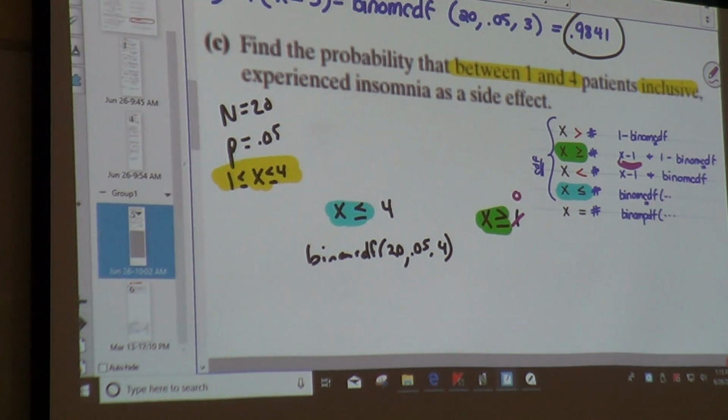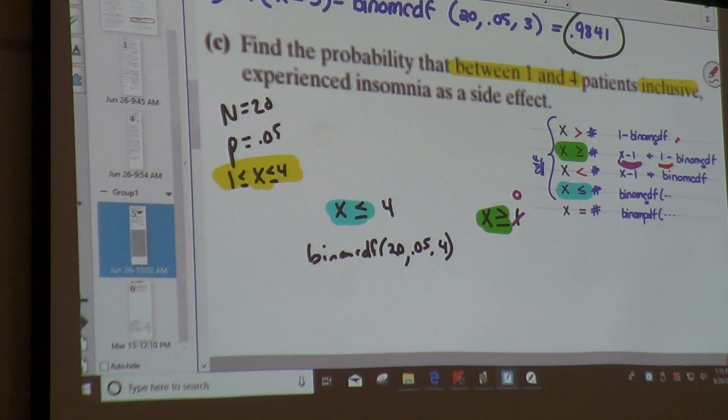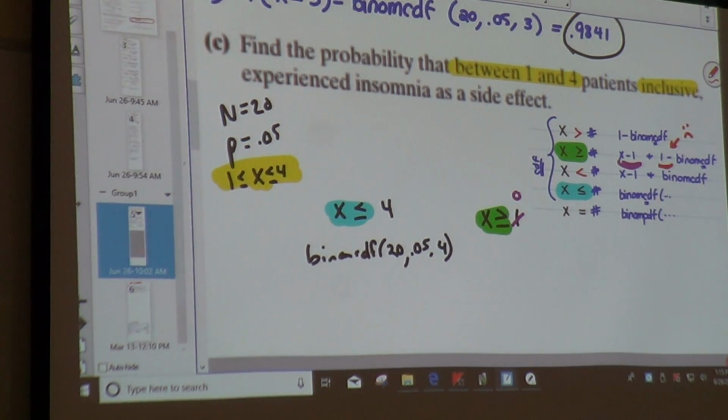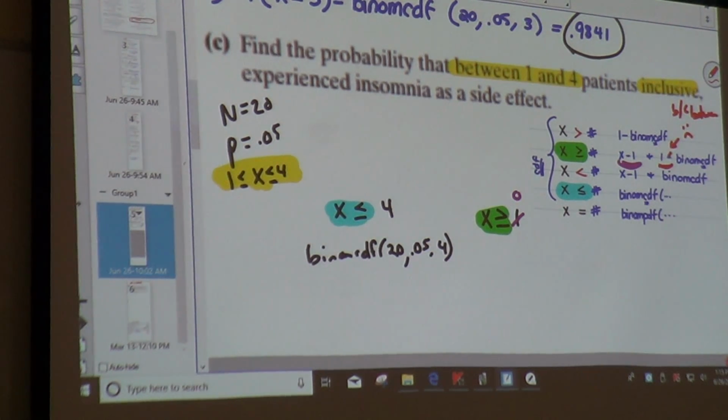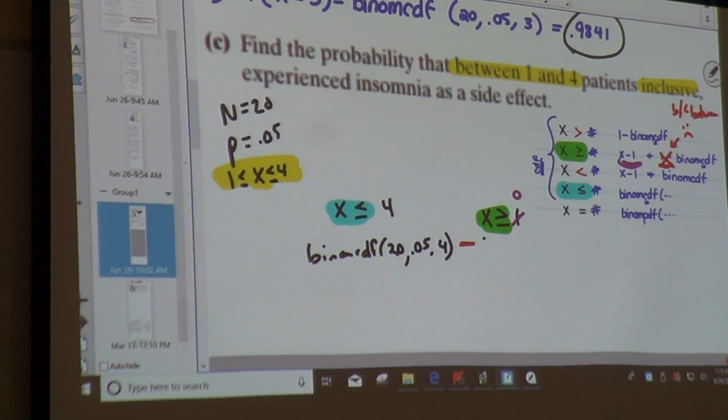And remember, I do not do the minus 1 because it is a between. I'm just going to do a minus because the other pretends like it's my 1. So I'm going to do a binomial CDF of N, P, and X, which is 0 because I came down and subtracted that 1.